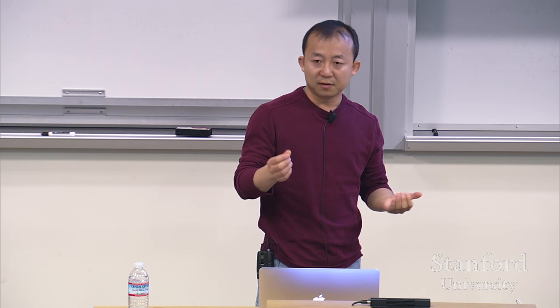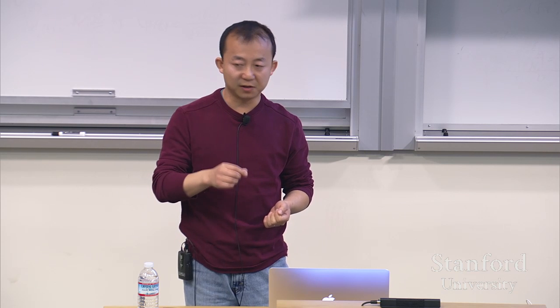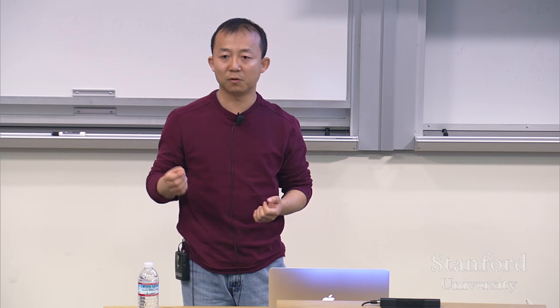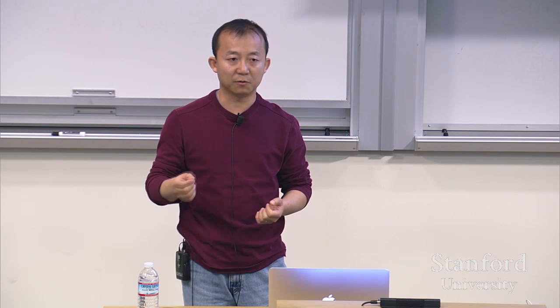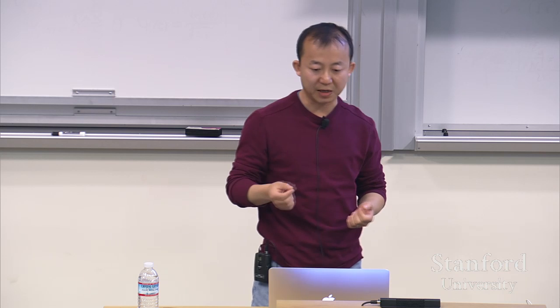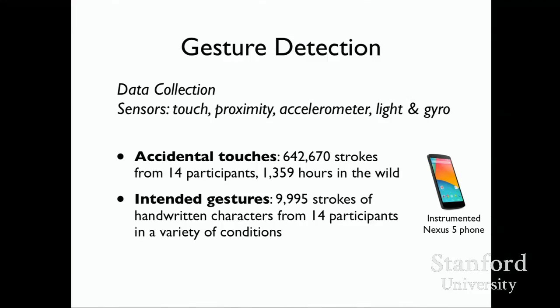Then we also asked the same group of people to draw character gestures in a variety of conditions, such as using the phone single-handedly or bimanually, walking versus sitting in all these conditions.